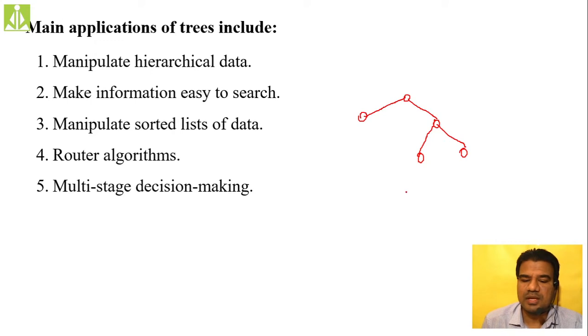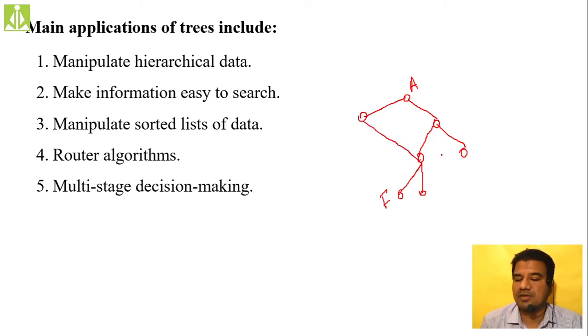So in the case of routing algorithms, your routers will use this tree data structure to find the shortest path. Let us assume computer A wants to communicate with computer F. Then what are the possible paths I have over here? Of course, we are not drawing a tree over here, it is a graph. But when you have multiple paths, what is the best shortest path to reach F?